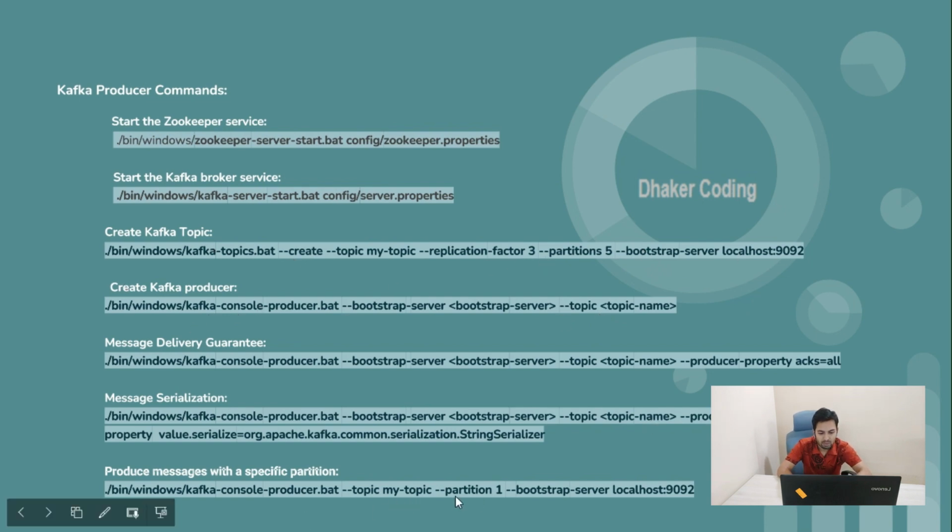We can give --partition and that partition number. Then let's say I want to guarantee that the message has been written into the Kafka topic successfully or not. So with --producer-property, inside acks we will give all. There are some different options there as well.